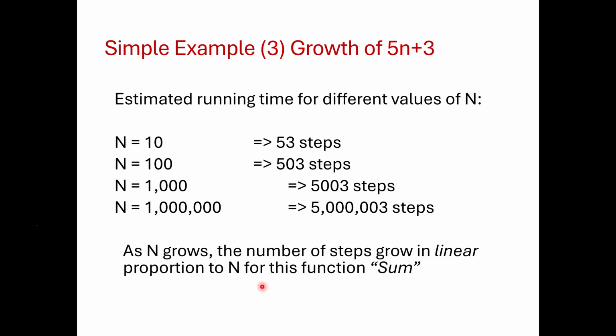Why are we interested in this pattern and not knowing the exact number of steps? The reason is very simple. Now, if I take 1,000,000 values and I give it to a computer, it will process it in a few seconds, right? You won't see any difference between algorithms. Even a bad algorithm processing 1,000,000 values will do it in a few what? Seconds.